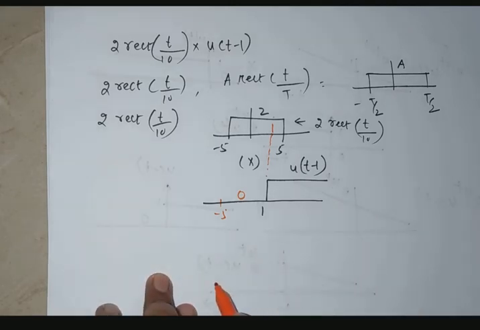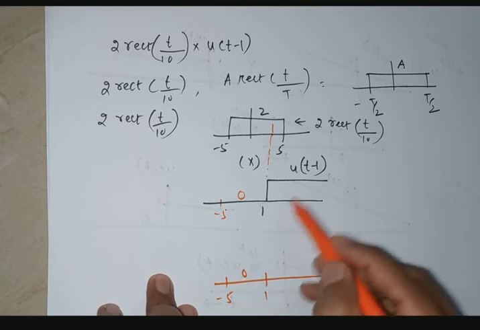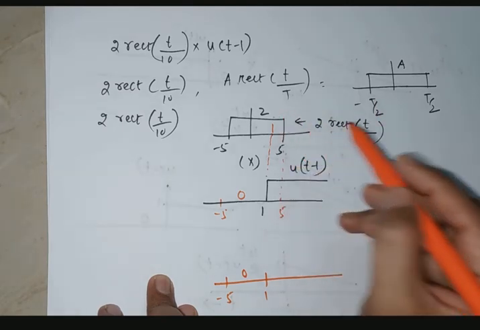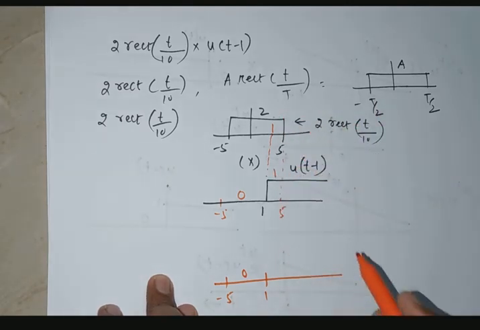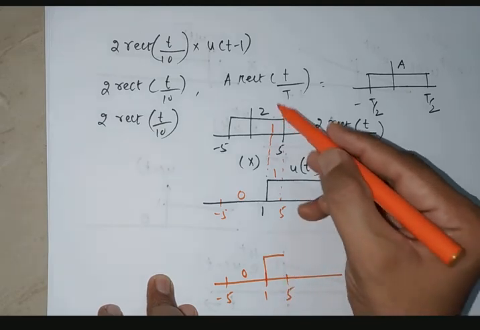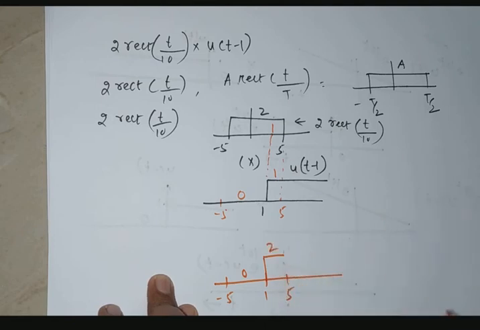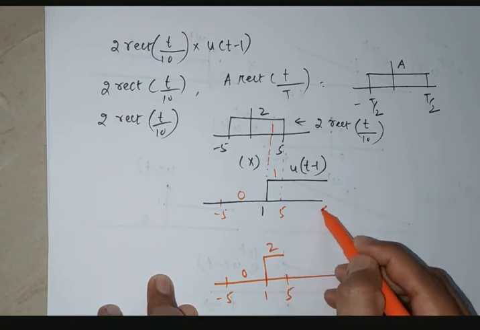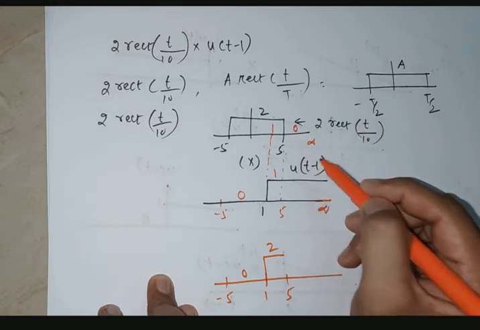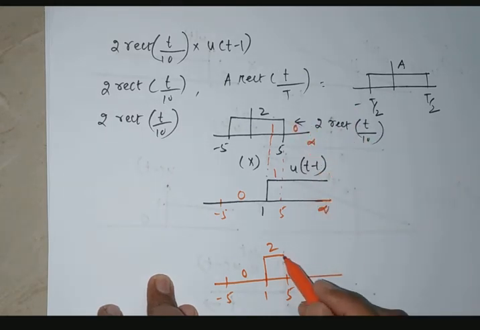So I can do it like this. From minus 5 up to 1, it is 0. Now from 1 to 5 the value is 2 and here it is 1, so 2 multiplied by 1 is 2. Now from 5 to infinity, it is 1 here and 0 there, and 0 multiplied by 1 is 0.